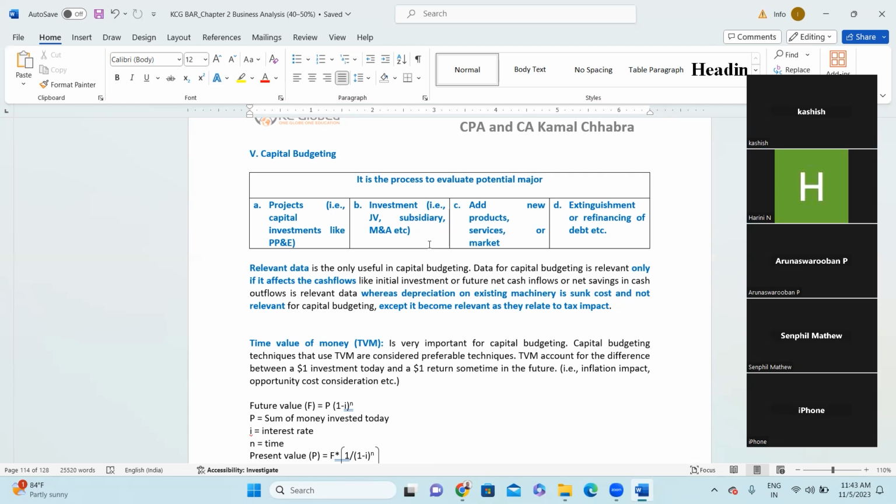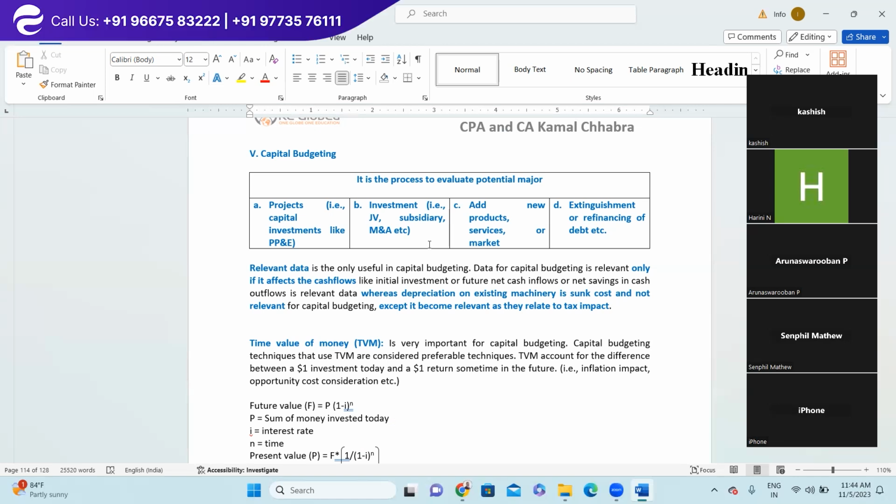Depreciation on existing machinery is a sunk cost, and is not relevant for capital budgeting, except where it relates to the tax impact of depreciation, right? You have already incurred the cost, but the tax benefit you are getting might be relevant data for you, right?